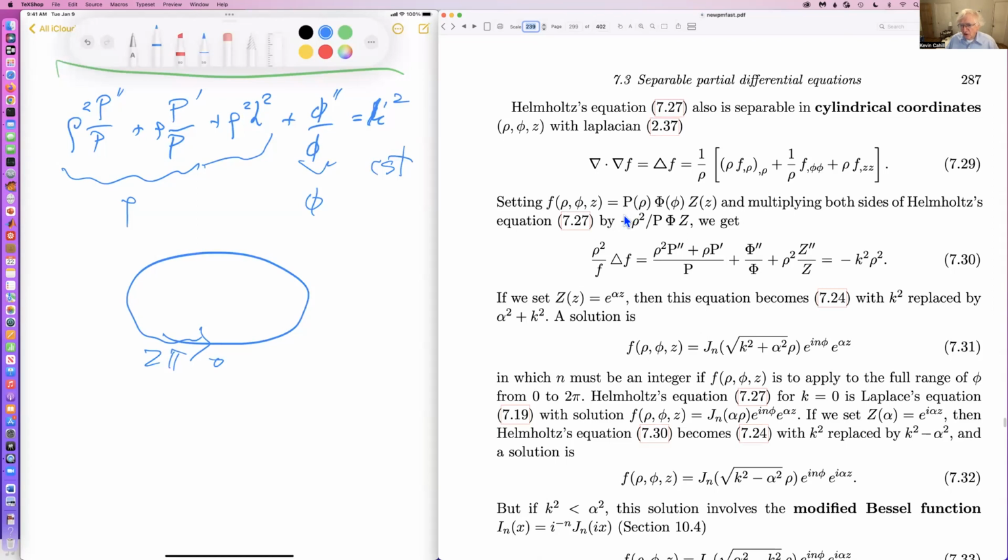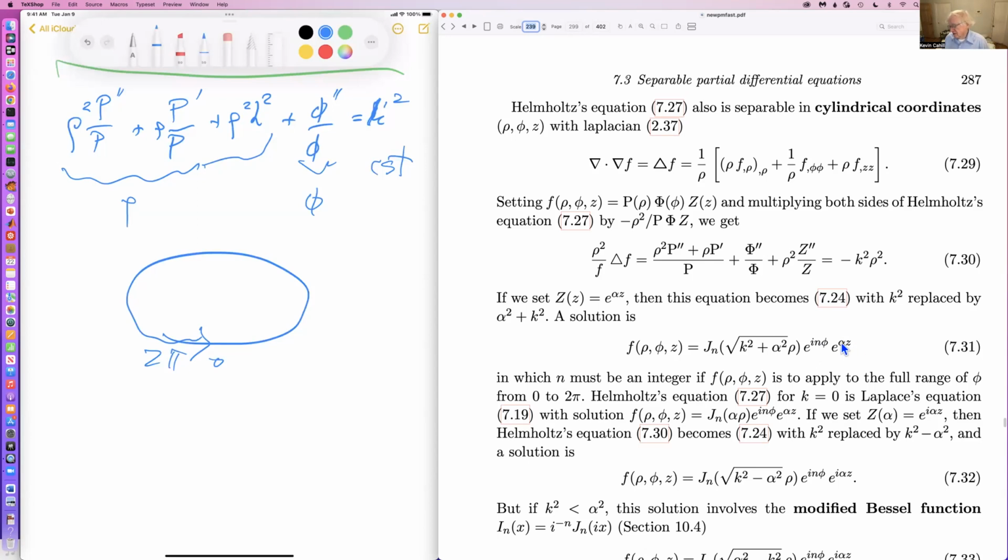In cylindrical coordinates, we have the previous problem plus the second derivative with respect to z. We divide by rho phi z, we get these equations, and then we argue that we can use the nth Bessel function, but now with a more complicated argument, the same phi, and then an obvious z dependence.